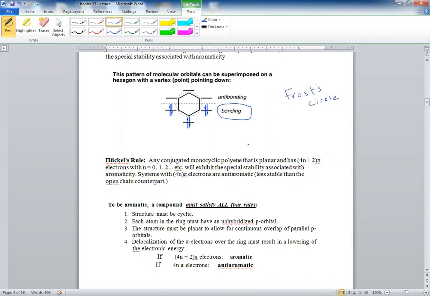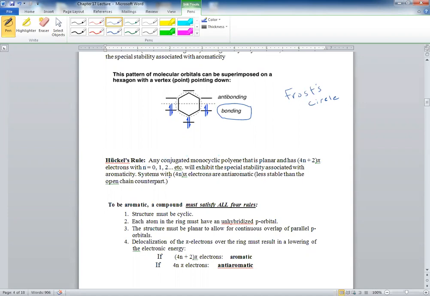It's pronounced Huckel's rule. Huckel's rule states that any conjugated monocyclic polyene, meaning multiple double bonds, that is planar and has 4n plus 2 pi electrons, with n equals 0, 1, 2, etc., will exhibit the special stability associated with aromaticity.